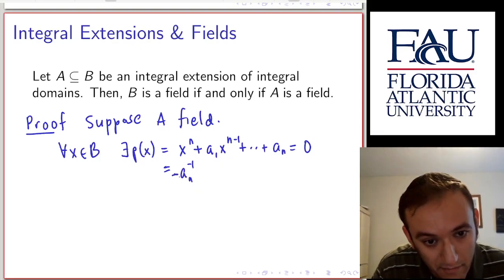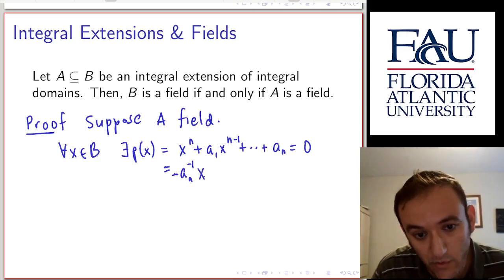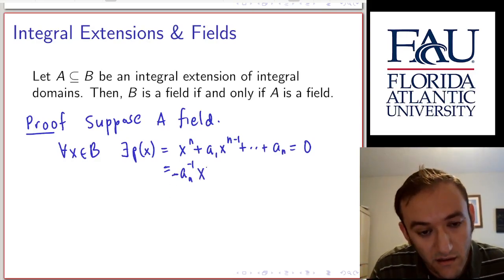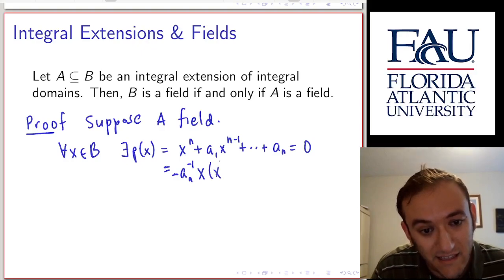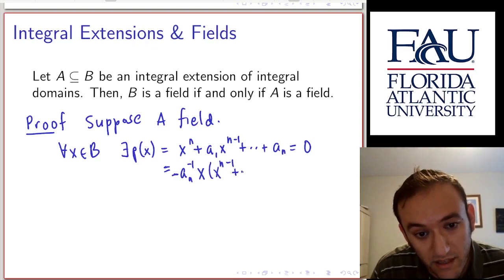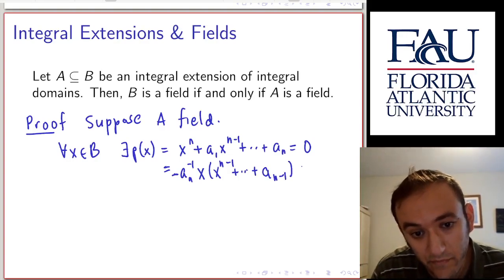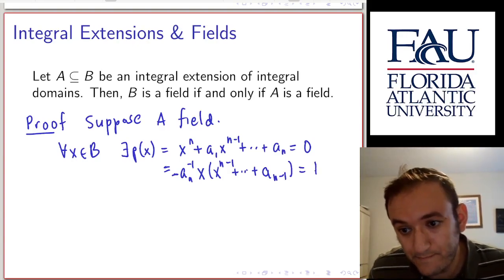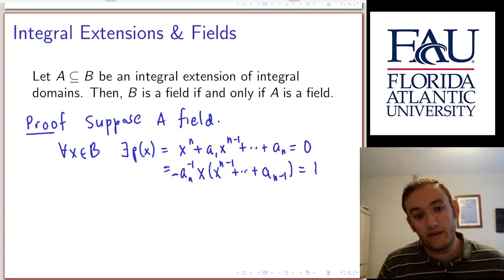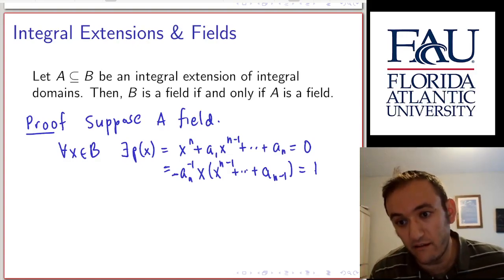Let's actually make this a minus an inverse, because we're going to move an to the other side. We can also factor out an x to get x to the n minus 1 plus up to a sub n minus 1 equals 1, right? Because we move the an to the other side.